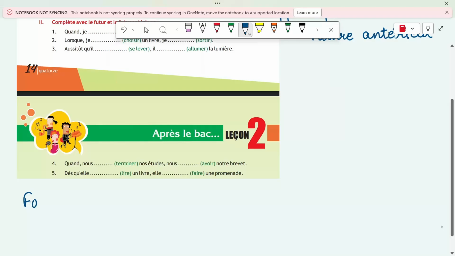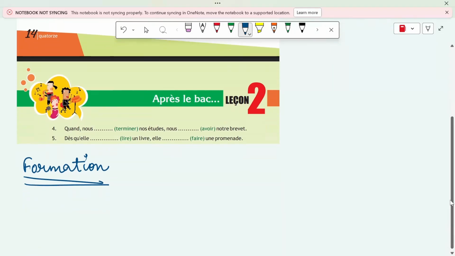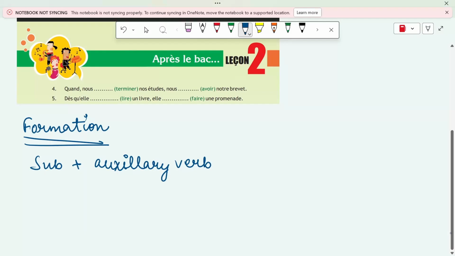So, if I go for the formation, the formation is very simple. It is very much similar to how we had it in passé composé. The only difference is here the auxiliary verbs which were être and avoir are formed in futur simple. So we have our subject, then we put our auxiliary verb. This auxiliary verb is in futur simple.